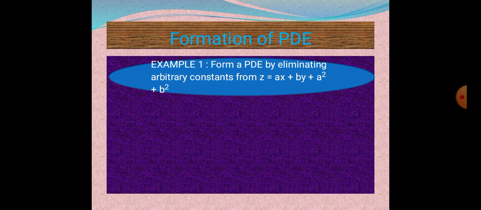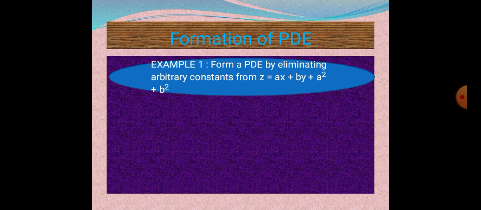Example number 1. Form a PDE, that is partial differential equation, by eliminating arbitrary constants from z equal to ax plus by plus a square plus b square. Here we have two independent variables x and y.